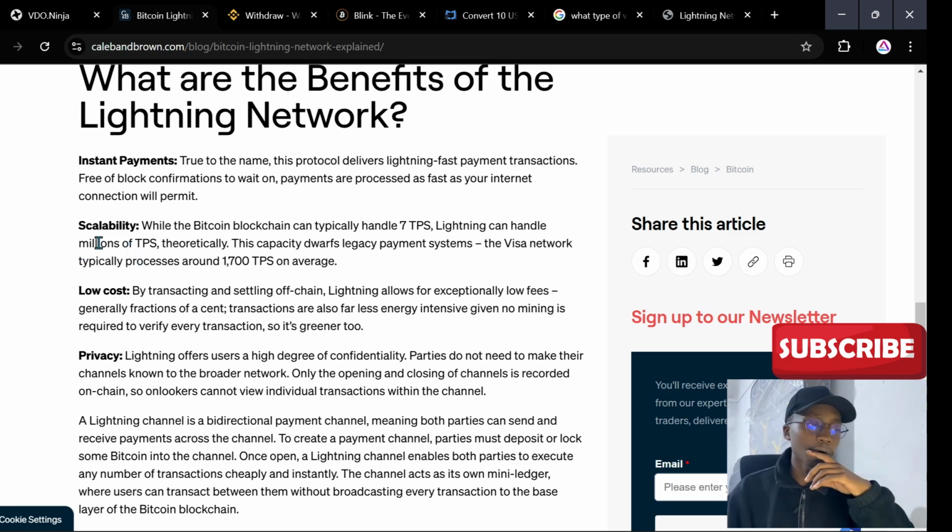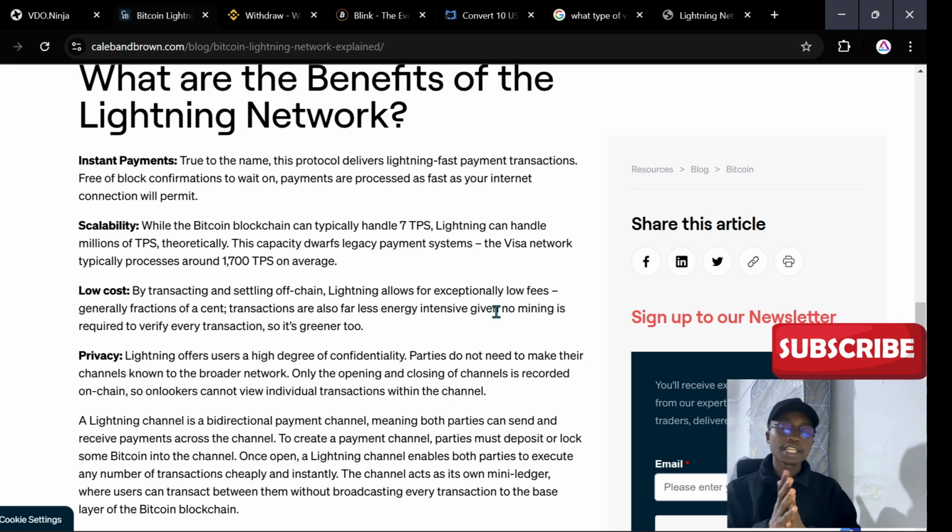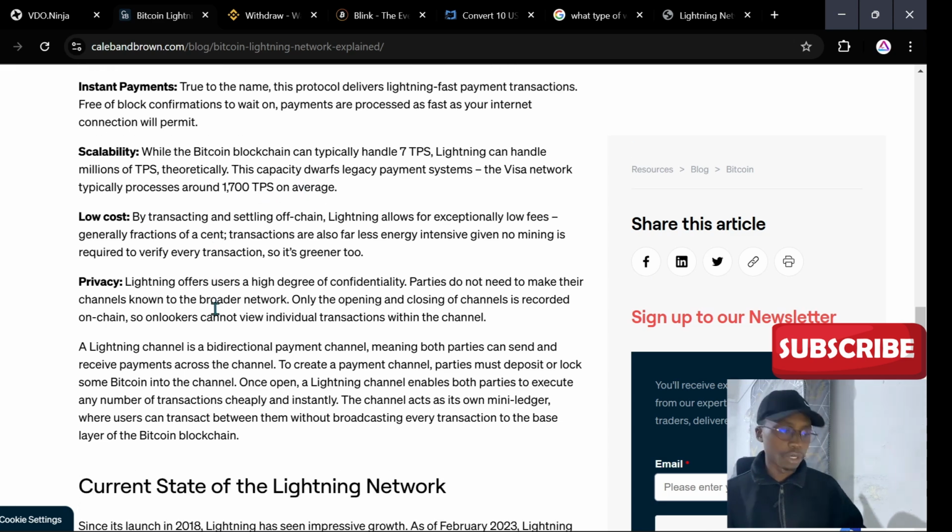So that is how the Lightning Network is important theoretically, while Visa and these other traditional networks handle 1700 transactions per second on average.